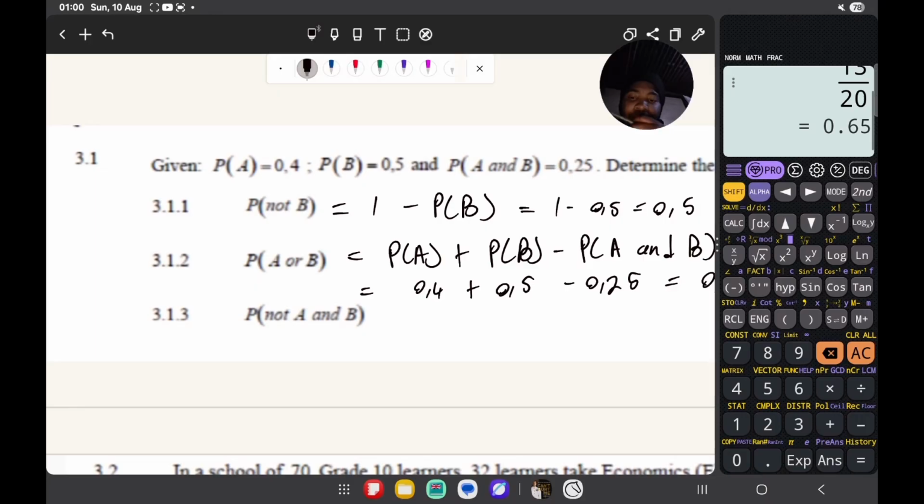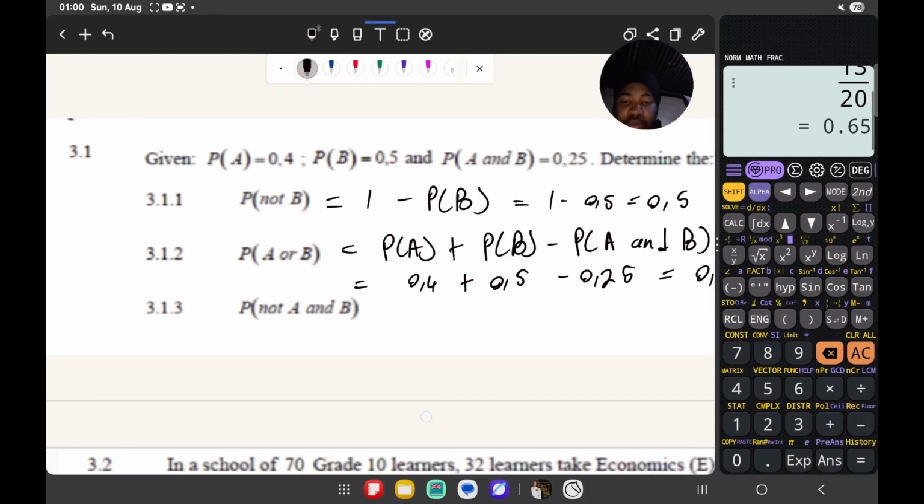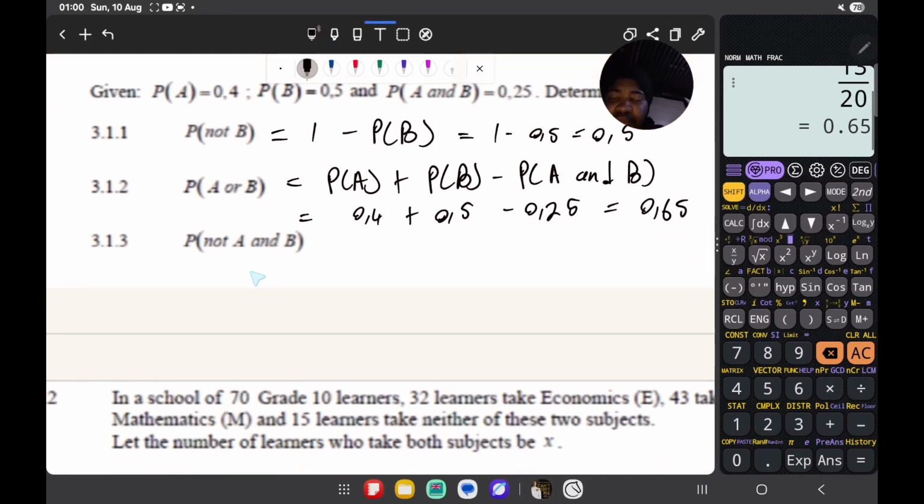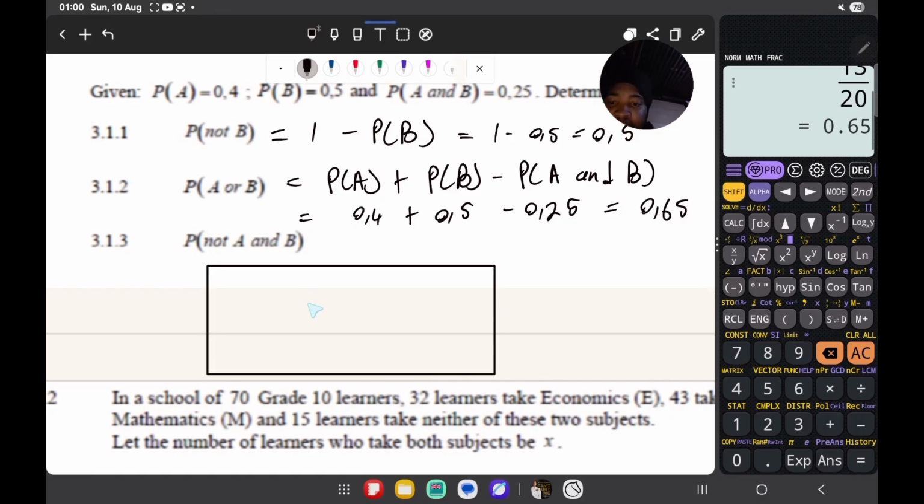For me at least, when I look at it, I'm like, what are you talking about? So of course you can use a Venn diagram. It sort of helps, so let's use a Venn diagram here. I have my rectangle, and a circle.